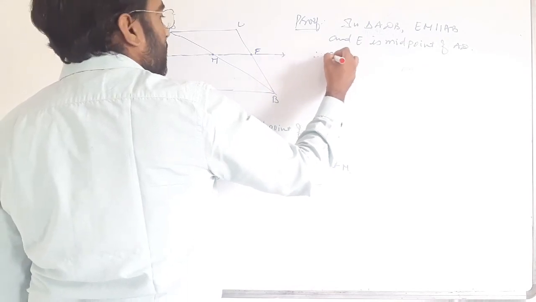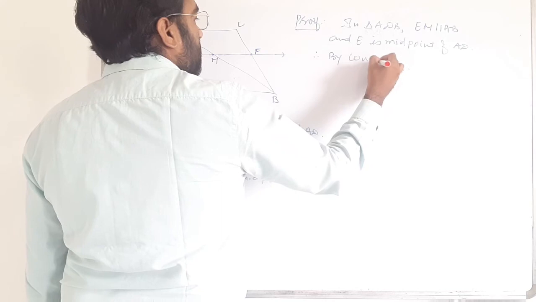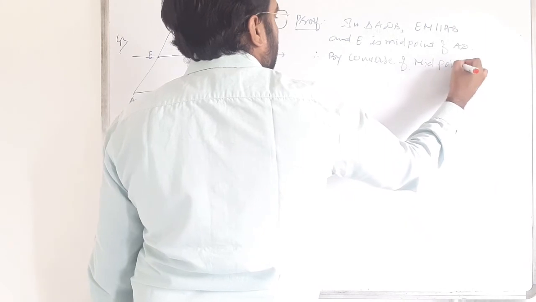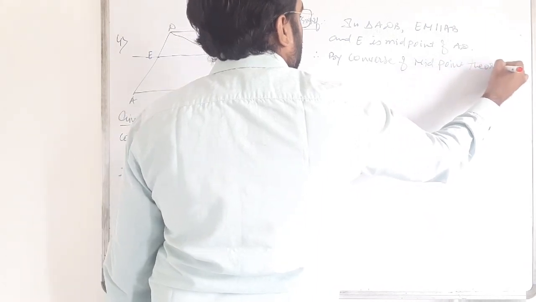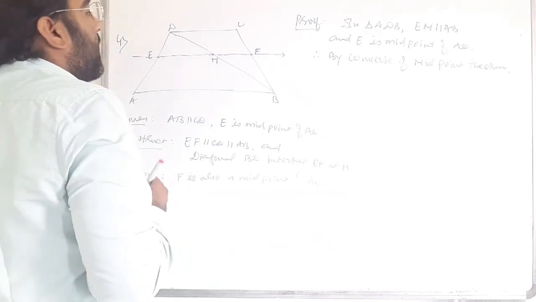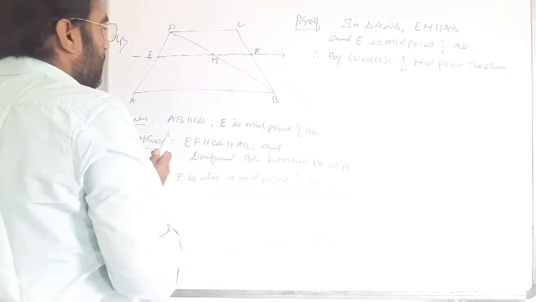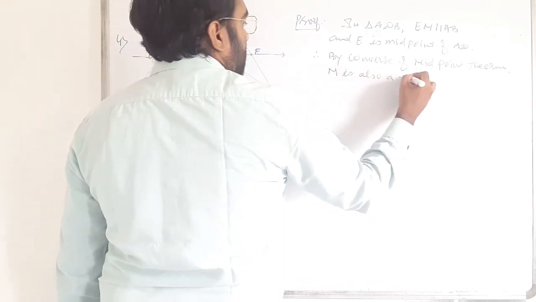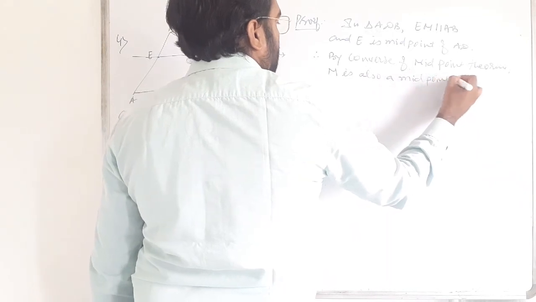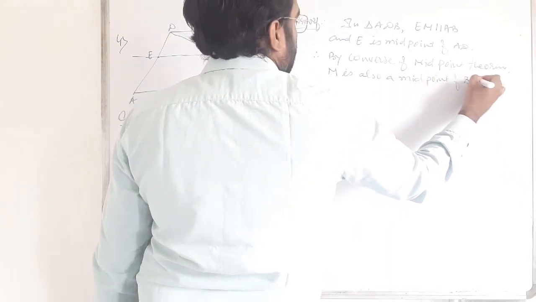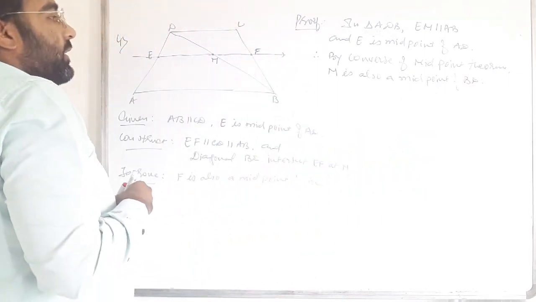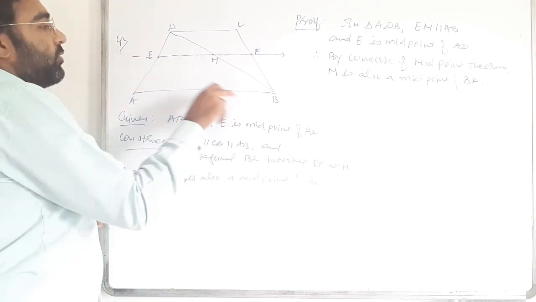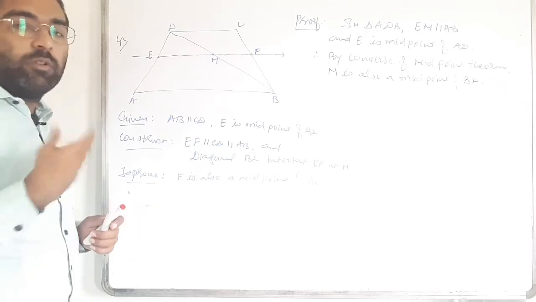Therefore, by the converse of the midpoint theorem, M is also a midpoint of BD. Clear that? By the converse of the midpoint theorem, EM is parallel to AB and E is a midpoint, therefore M is also the midpoint of BD.